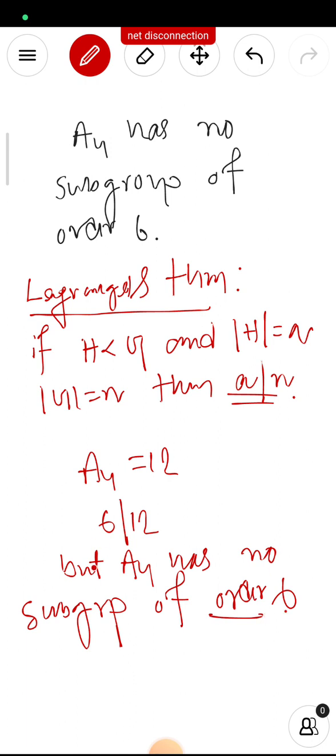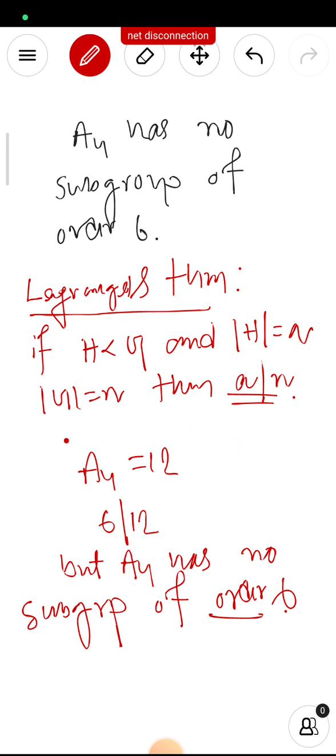See, the converse of Lagrange's theorem is not true in general. We know that the order of a subgroup divides the order of the group, but for the converse, if a number divides the order of the group, is there a subgroup of that order? The answer is no.